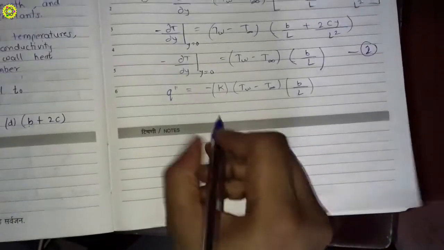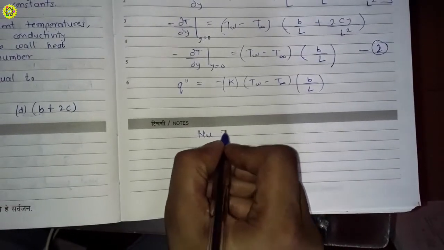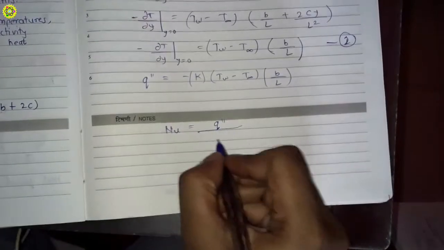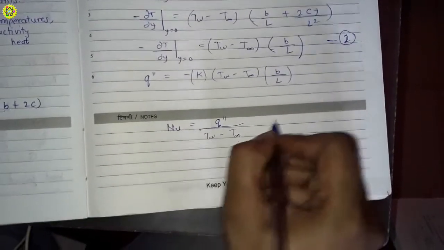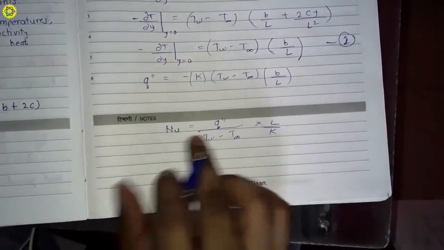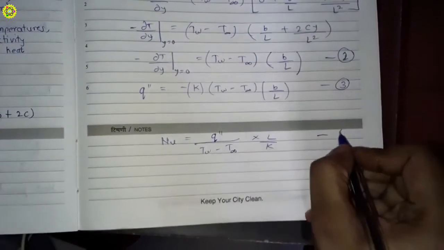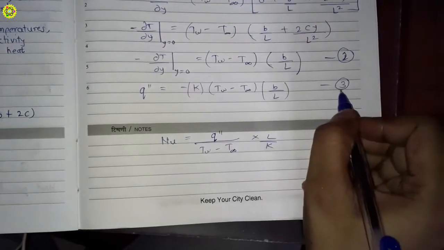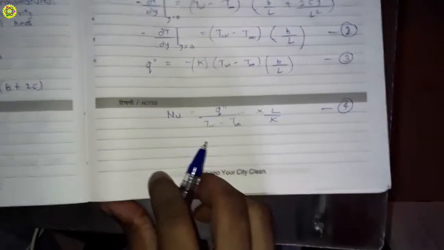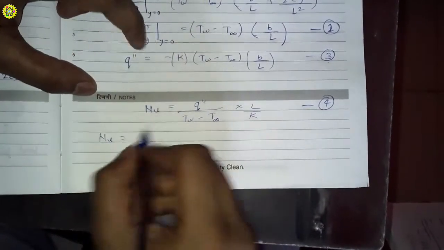So we write down the Nusselt number from the given equation: q double dash upon Tw minus T infinity into L upon K. This is equation number 3 and this is equation number 4. Now let's put the value of equation number 3 in equation number 4.